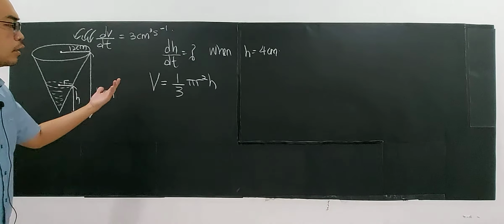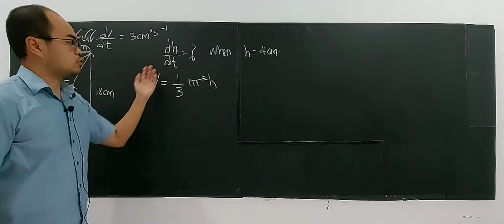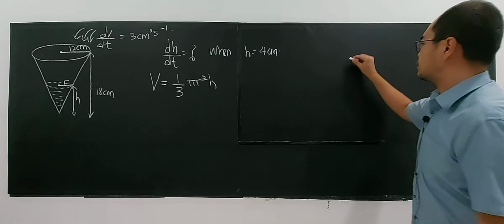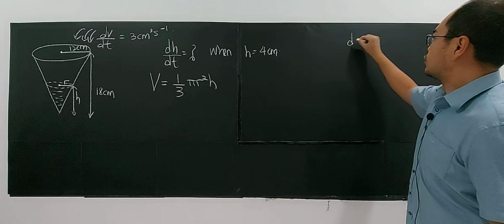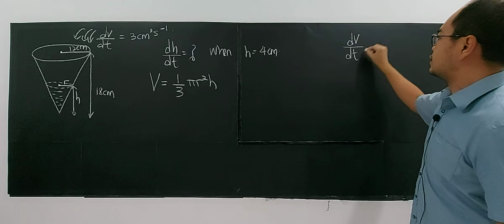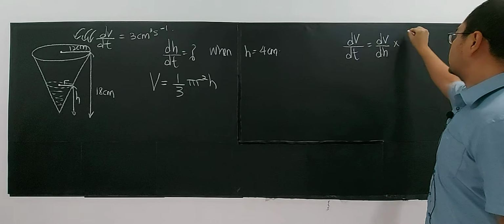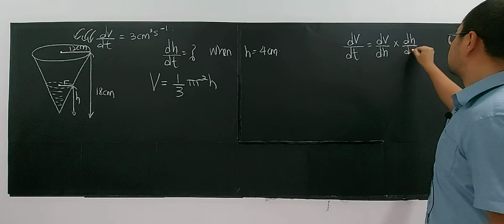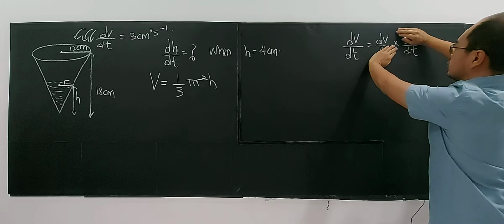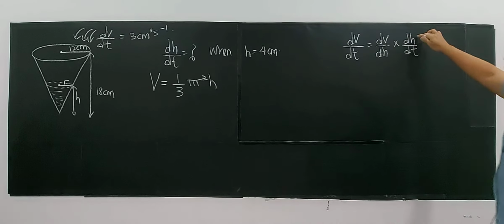But we cannot differentiate V with respect to H directly, as we need to find dV/dH, because we want to find dH/dt. So dV/dt can be written as dV/dH multiplied with dH/dt. So it's the chain rule. If you cancel these two, you get back dV/dt.